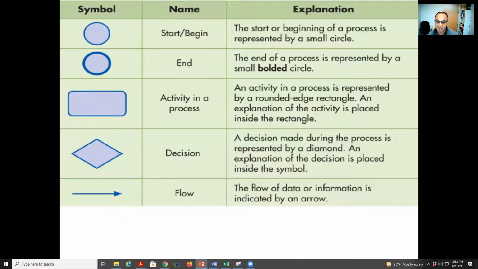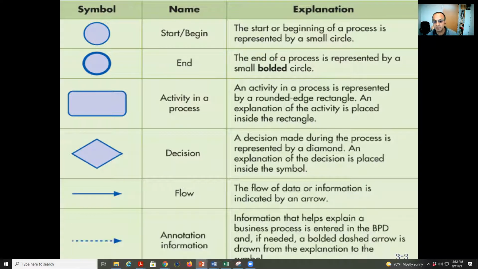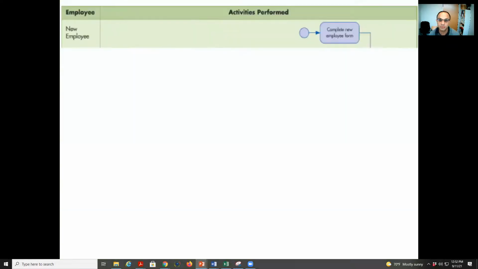Then we use the arrow for the data flow, which is similar to the data flow diagram. And finally, the dotted arrow, we use it for annotation. So when we design the business process diagram, we need to be aware only of those symbols. And this tells you that the symbols used here are quite a bit fewer than what we used in flowcharts.